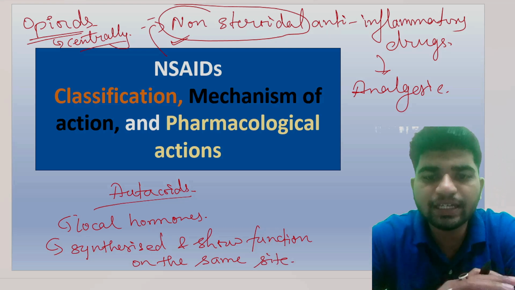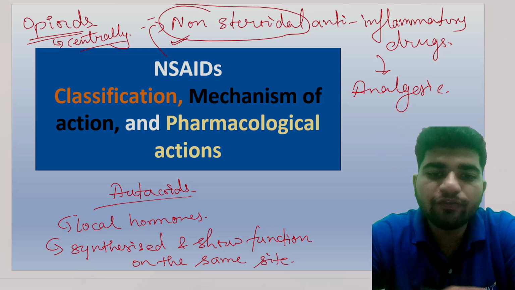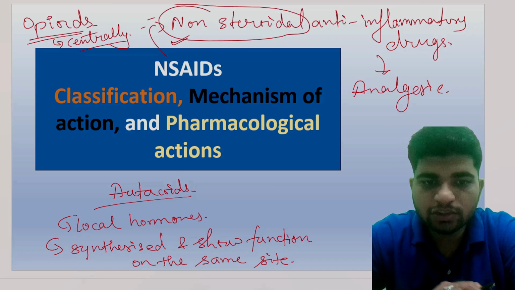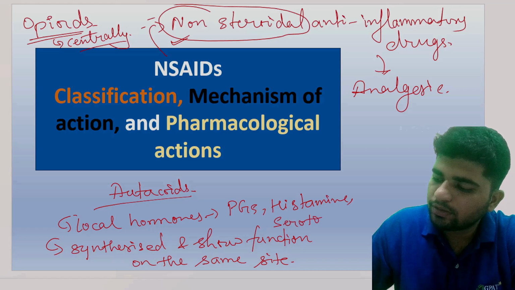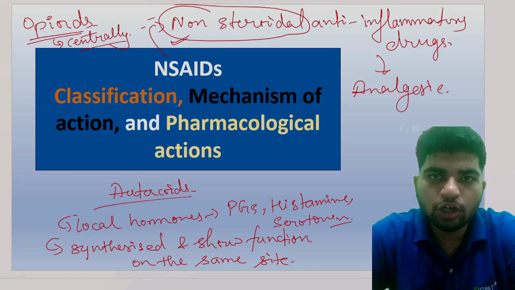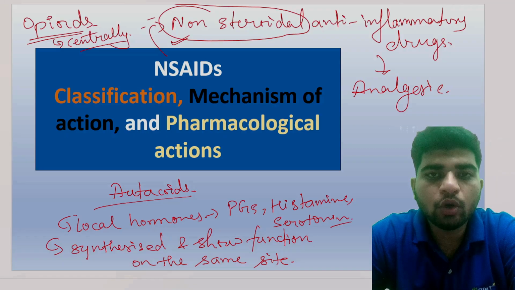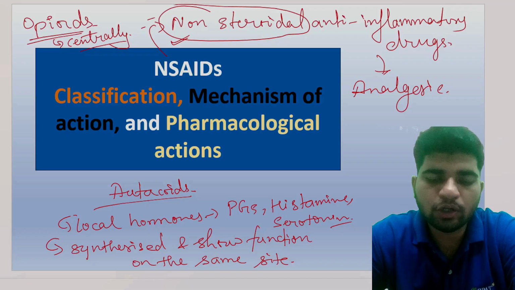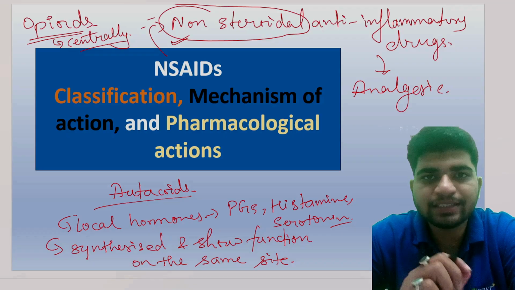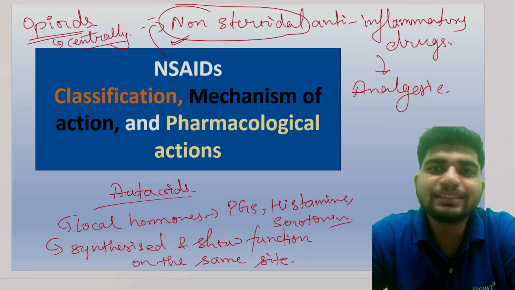It means wherever they get synthesized, they function at the same site. For example, prostaglandins, histamine, and serotonin. These are local hormones, called autocoids, which act on the local site. They do not move to other sites, unlike endocrine or exocrine hormones. These local hormones are synthesized at one place and function at the same site.